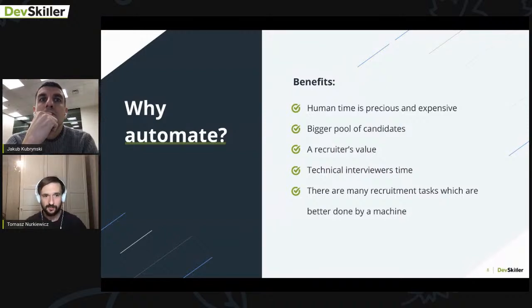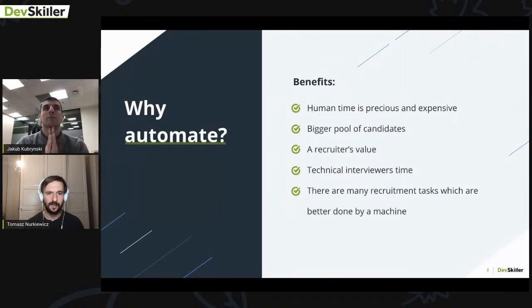The same applies to technical people. Technical interviewers like developers or whoever works in your IT department, their time is best spent when building, maintaining, or doing whatever with your production system. So building your competitive advantage. These people are hired so that you can have the best software that money can buy or that developers can implement. Do not waste technical interviewers' time doing tedious work that can be automated.